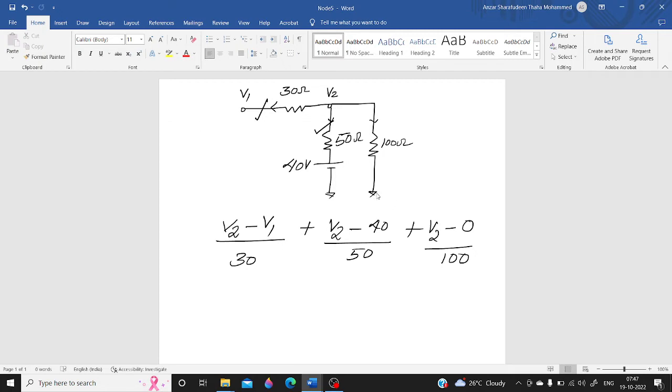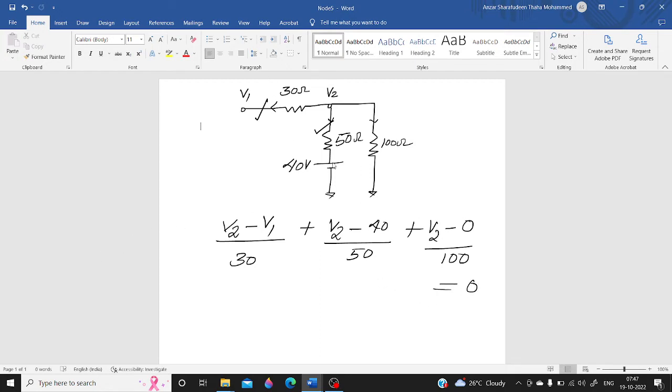Since the reference potential is 0, in the usual practice we won't write that; we simply put V2 by 100. Usually we will write it as V2 divided by 100, and this is equal to 0.